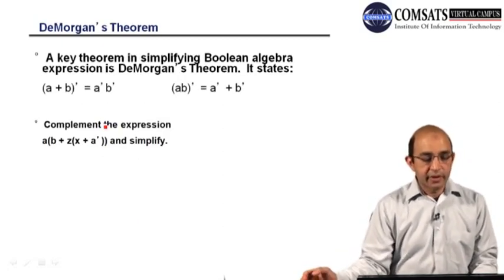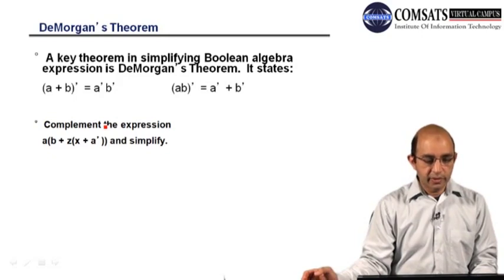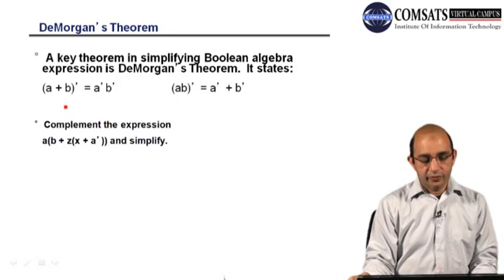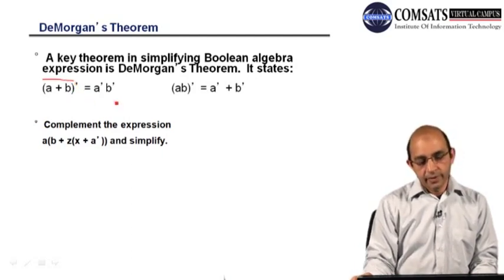And now we have to study DeMorgan's law, right? So if you have two inputs, A plus B, and this comma is representing their complement, right? So A plus B whole complement, right?